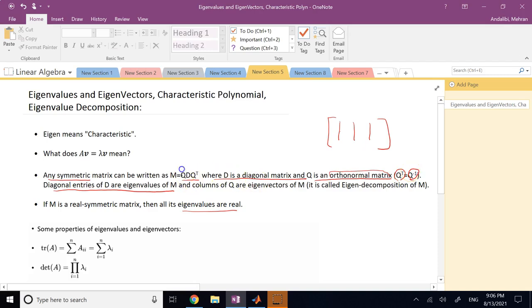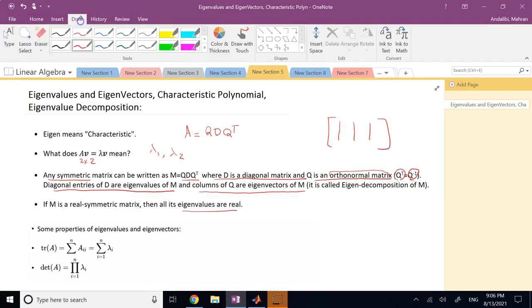So the matrix Q is an orthonormal matrix, the columns of which are eigenvectors of M. So let's say A is, for example, a 2 by 2. Then it has two lambdas, lambda 1 and lambda 2. So if you want to write it as A equals Q D Q transpose, what's going to be D?